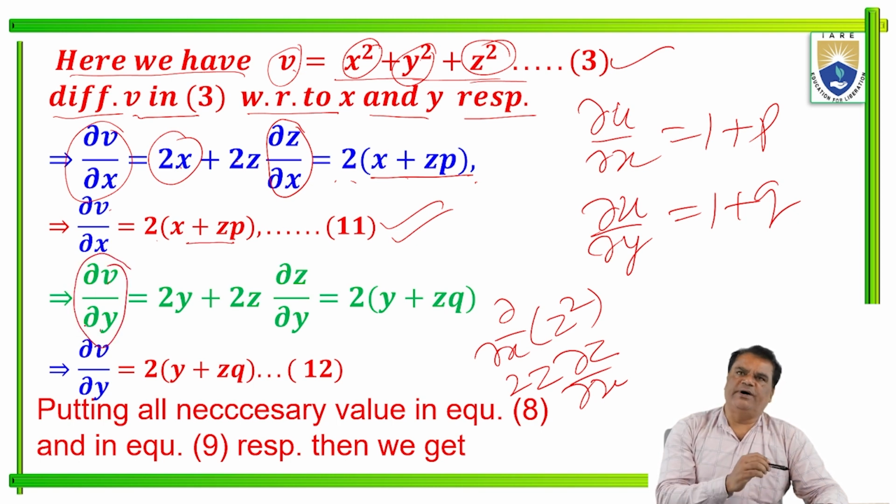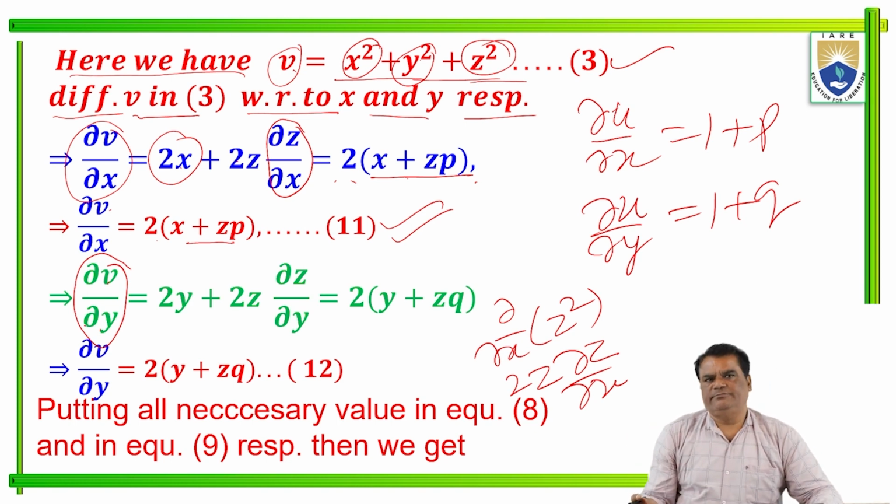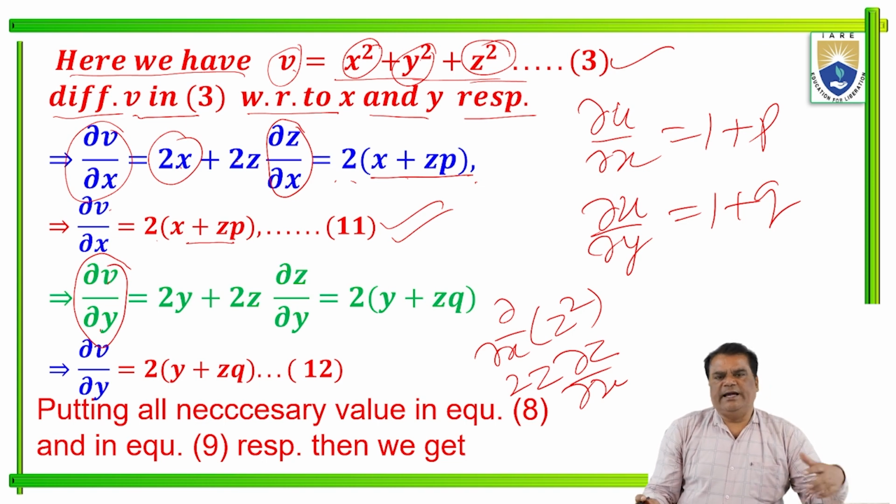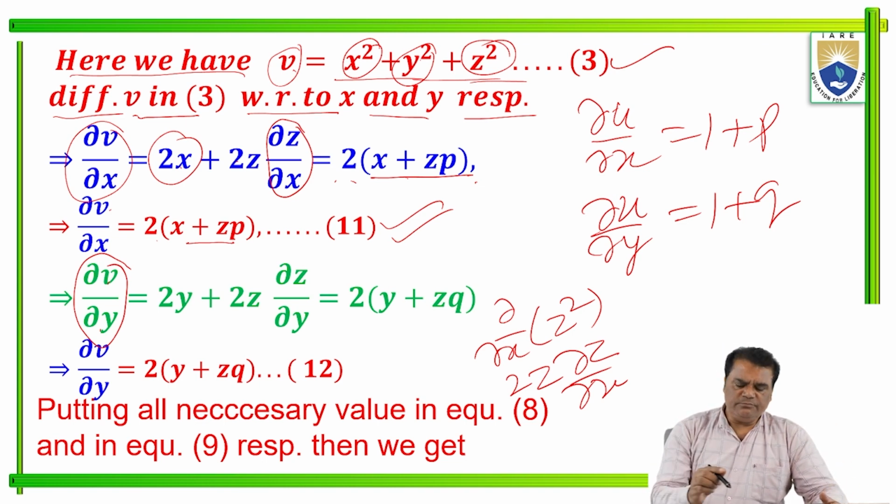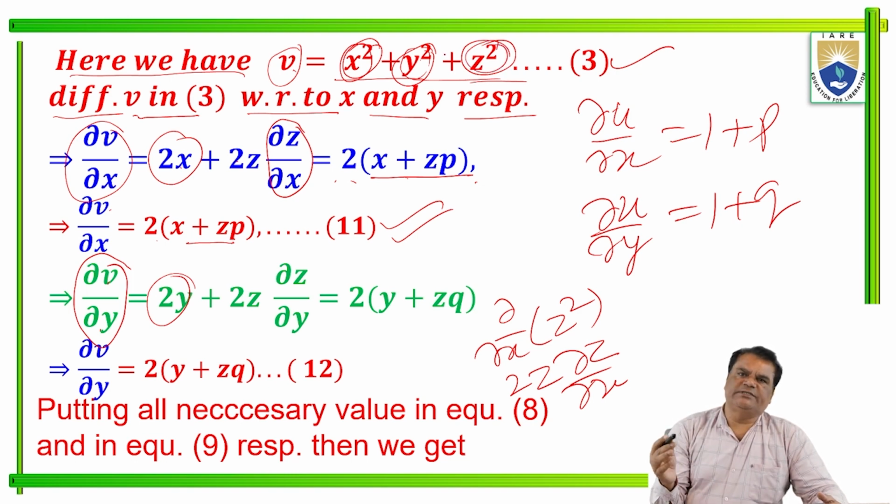Again differentiating v with respect to y, ∂v/∂y. Now x is a constant when we differentiate with respect to y, so the differentiation of x square is 0 and the differentiation of y square is 2y. And for z square, z is a function of x and y, so keeping x constant and differentiating with respect to y, we write 2z ∂z/∂y. But ∂z/∂y is q.